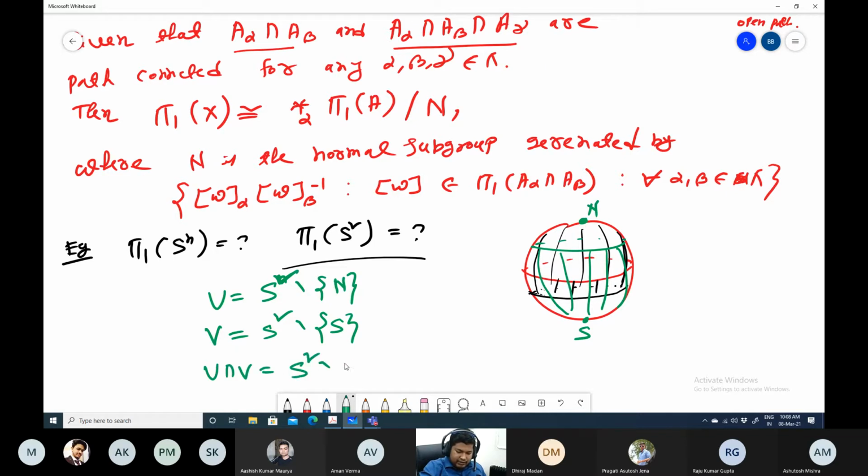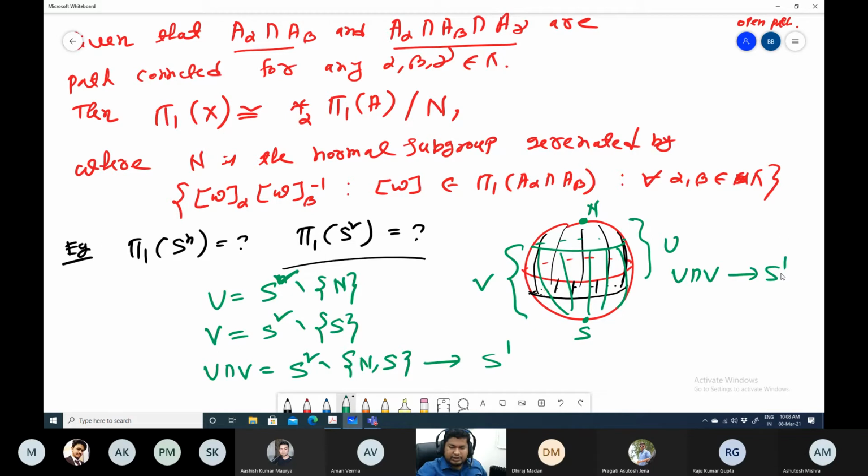That is S2 minus {N, S}, and that deformation retracts to a circle. And here also, if you take this as my U and this as my V, then also U intersection V deformation retracts to a circle.